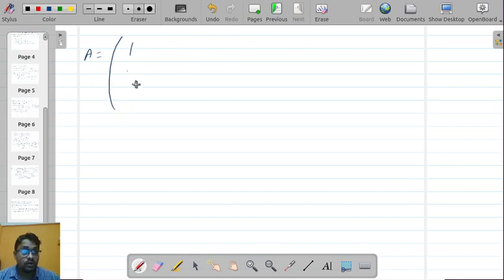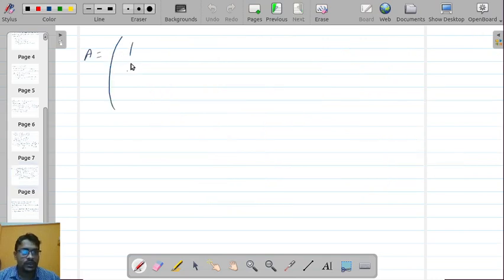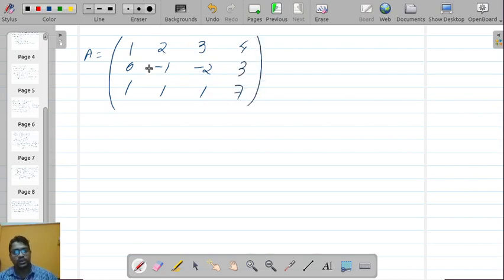Say the matrix that I had written earlier. Let me write it again: 1 0 1, 2 minus 1 1, 3 minus 2 1, and this was 4 3 7. So what can you say about the columns of this matrix, whether they are linearly dependent or independent?